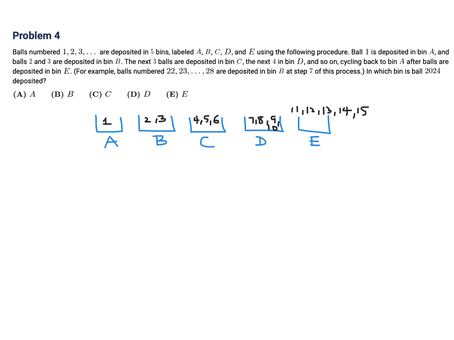And then we go back, there would be another 6 in here, so balls 16 through 21, 7 in here, so balls 22 until 28, and so on. You guys get the point. So what are they asking for? They want to know which of these 5 bins is the 2024 ball.